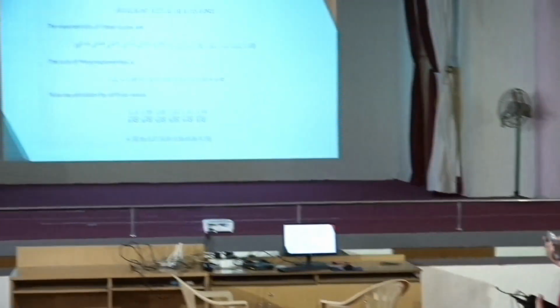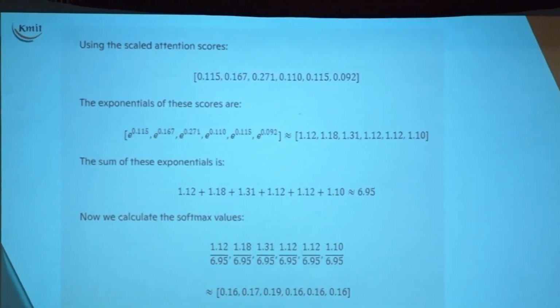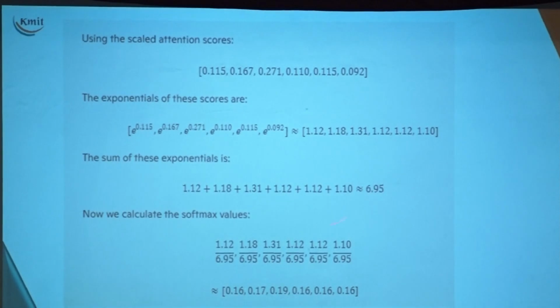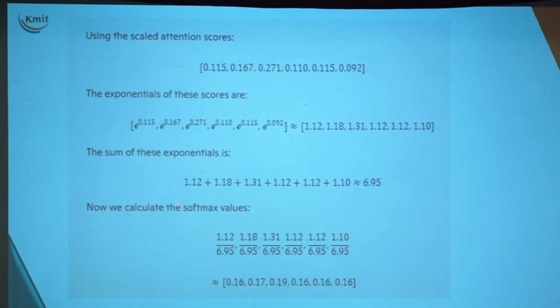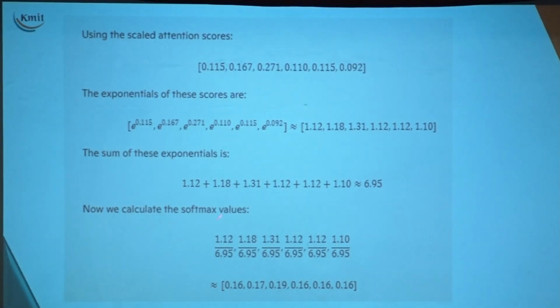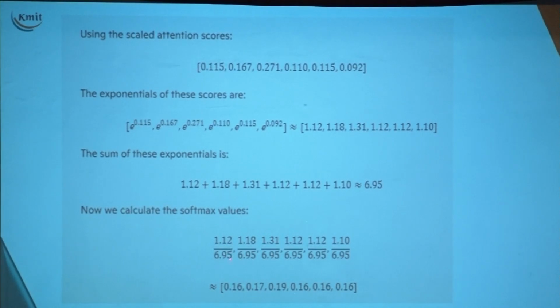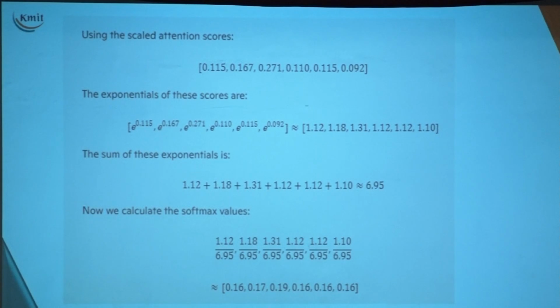So here you are seeing, I am quickly going through this. For all these attention scores, you calculated the exponentials, you calculated the sum of these exponentials, and for all these individual attention scores, you calculated the softmax values. So you get it as 0.16, 0.17, 0.19, 0.16. That means for cat, you had it as 0.17.